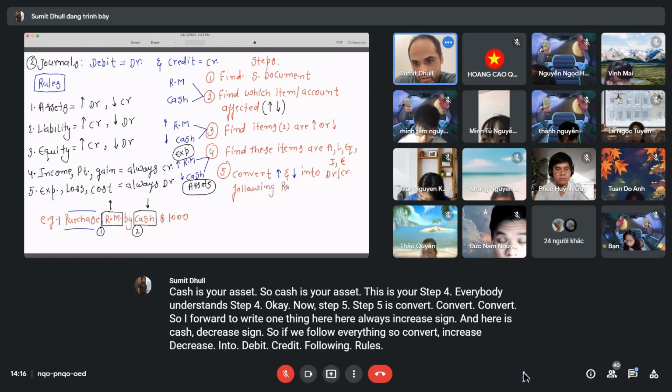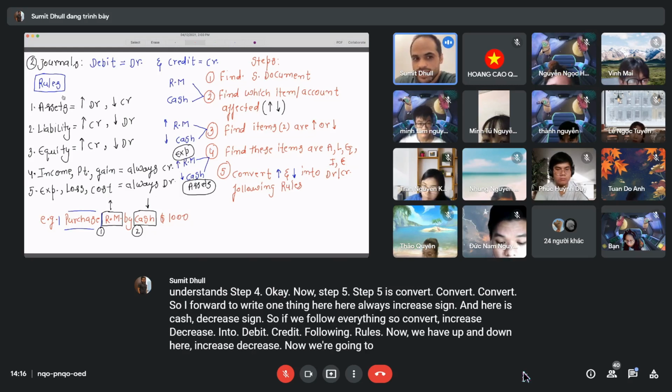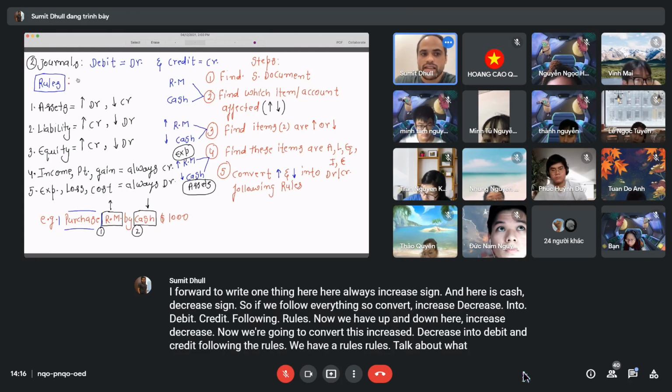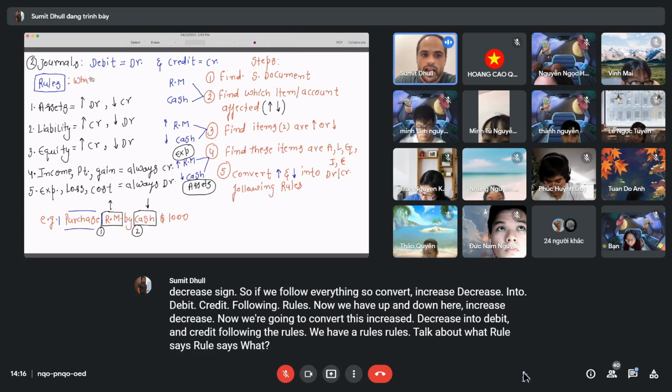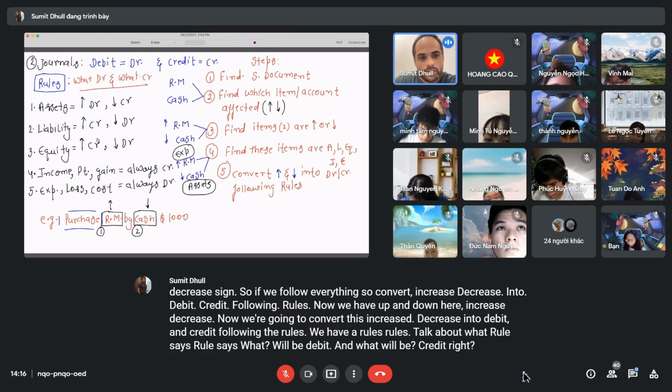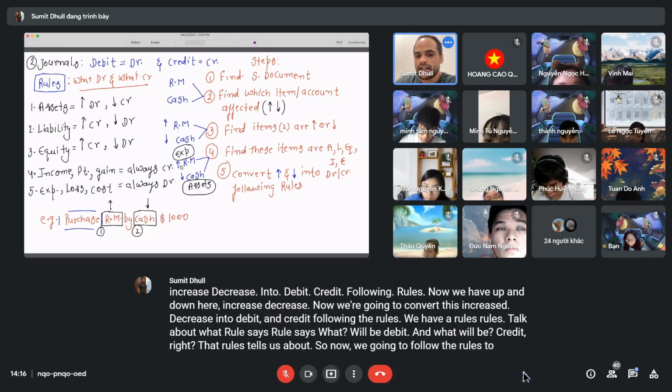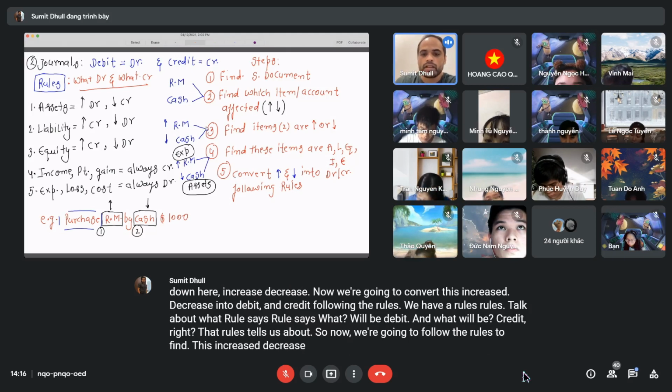Now we have up and down here, increase, decrease. We're going to convert this increase, decrease into debit and credit following the rules. The rules tell us what will be debit and what will be credit. So now we're going to follow the rules.